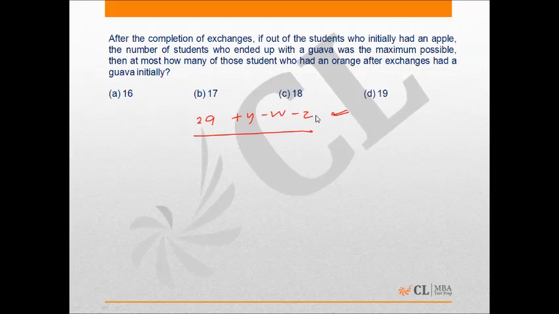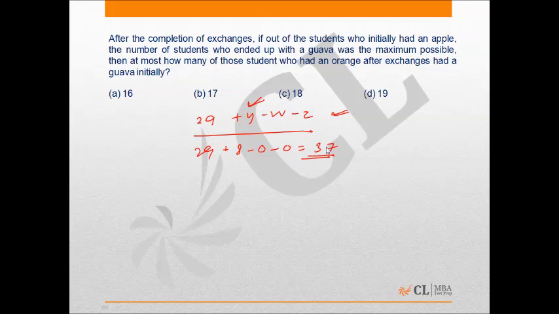In the given problem, this is the maximum. In order to maximize this quantity, we have to maximize Y and minimize W and Z. From the inequality, the maximum value of Y can be 8, and the minimum value of W is 0, and that of Z also 0. So the maximum value of the given quantity is 37.